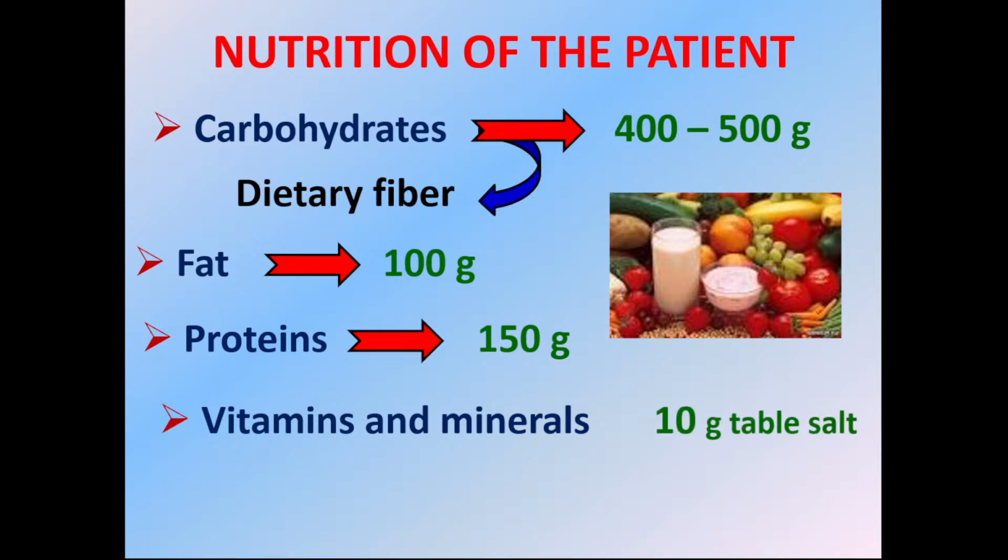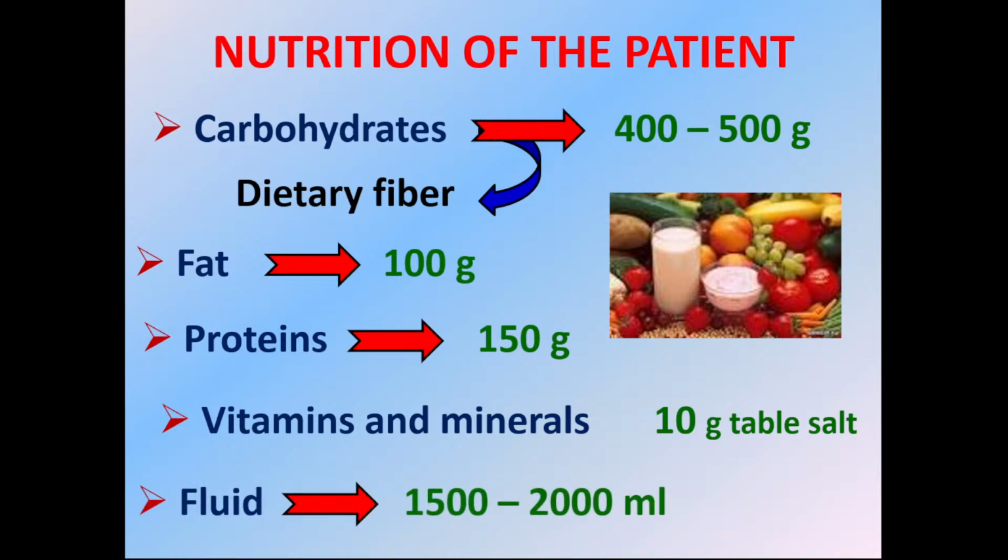We need vitamins and minerals, which may be taken together with table salt, of which not a lot is needed, 10 grams is enough, because other vitamins and minerals are present in different food. And our organism needs nearest 1,500 or 2,000 milliliters of fluid, which is a usual component of our nutrition.